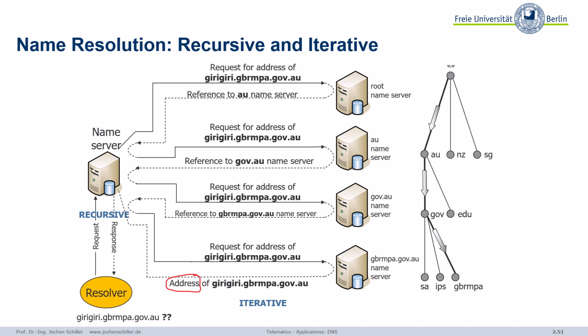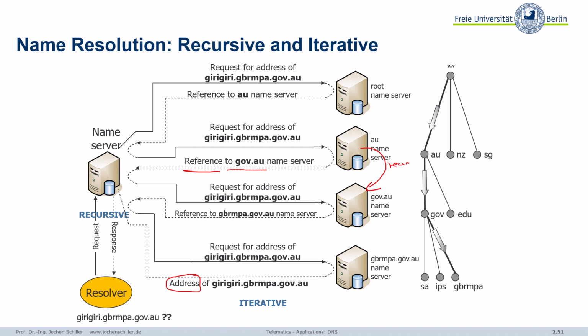So it could have been done also another way. Imagine we could, for example, instead of giving you the reference here, this name server could also have asked the next one.